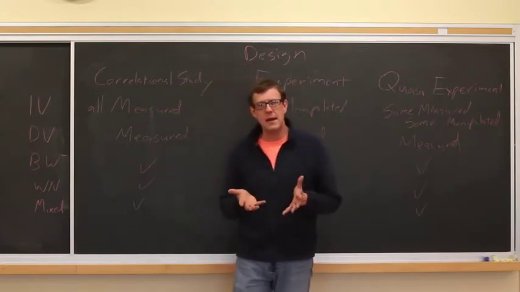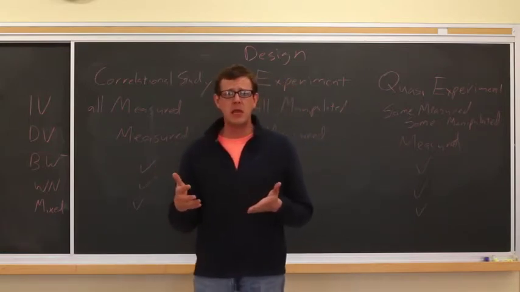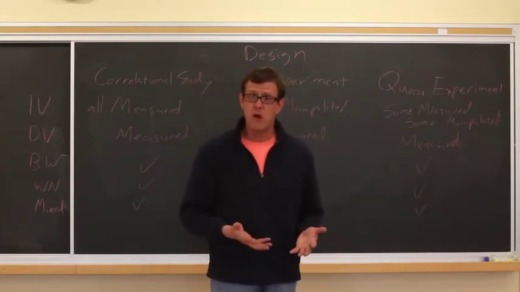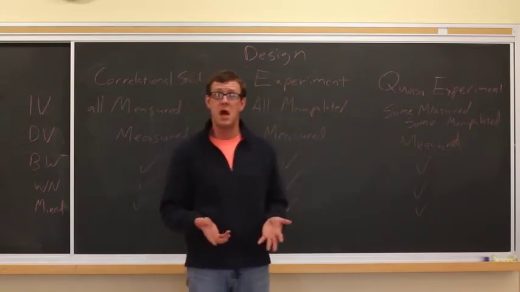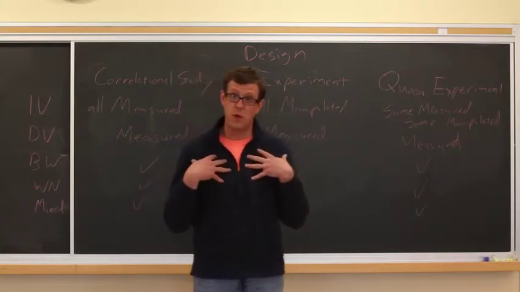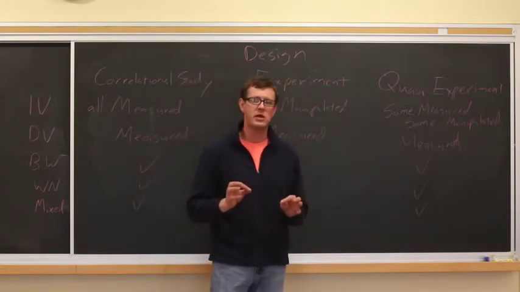So an example of a quasi-experiment using a between subjects design might be something like looking to see the effectiveness of different types of treatment for depression on males and females. Male and female, that varies between subjects. That's not something that we manipulate, it's something that we just measure. However, treatment is something that we can manipulate.